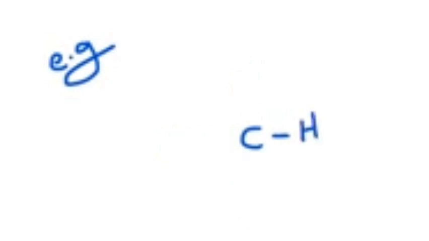Now carbon is tetravalent. It simply means that 4 bonds can be attached to carbon, so you have 1 bond here, another bond here, another bond here, another bond here. Each of these bonds is attached to hydrogen. So that's hydrogen.